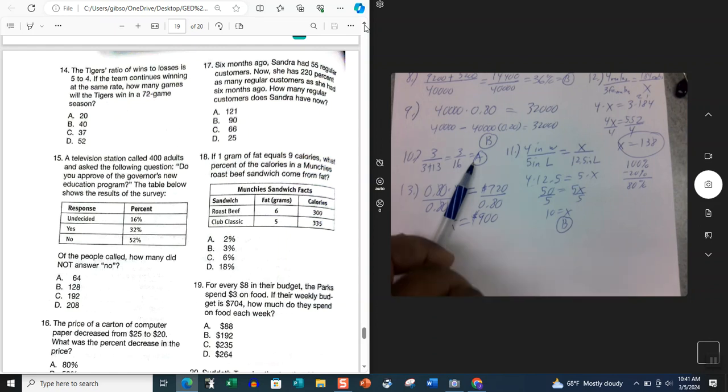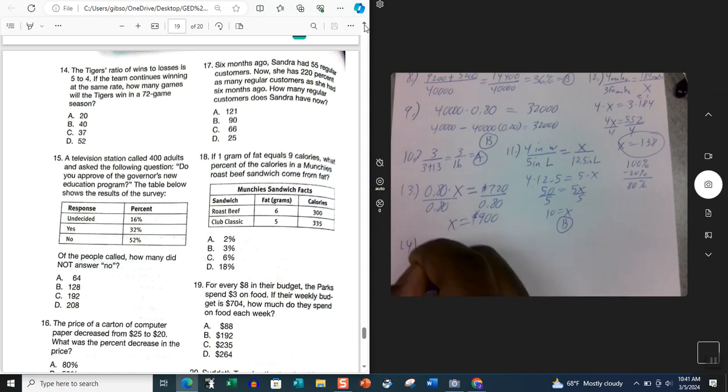Okay, so go here to 14. We can set this up. It'll be 5 wins for every 4 losses. So now they said, how many games would the Tigers win in a 72-game season?